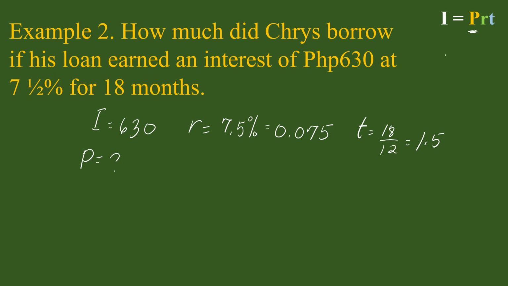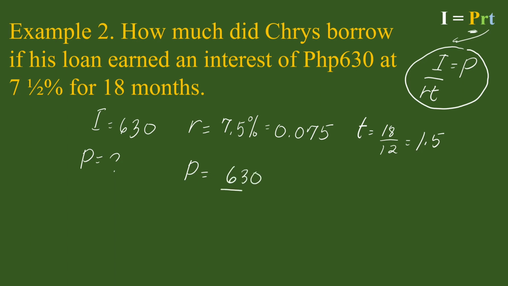So P is equal to I over RT. So we will be using this one when we are solving for the principal. So P equals I, 630 over the rate 0.075 and then 1.5 years.